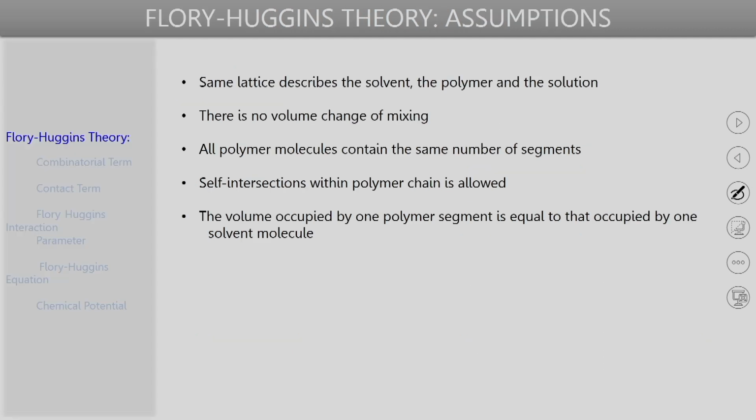Before moving on with the discussion on Flory-Huggins theory and development of the Flory-Huggins equation, let us briefly summarize what we discussed about the Flory-Huggins theory in the previous lecture. Some of the key assumptions involved in the development of the theory: the first one is that it is a lattice based model, where the solvent molecules, the polymer as well as the polymer solution that forms, all these three cases are considered to be on a lattice.